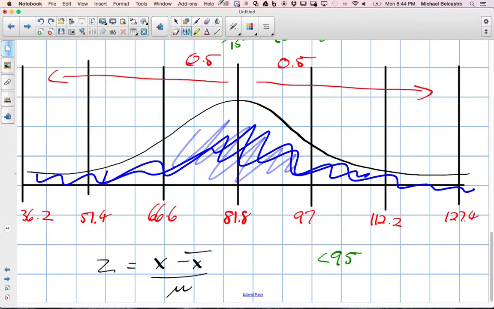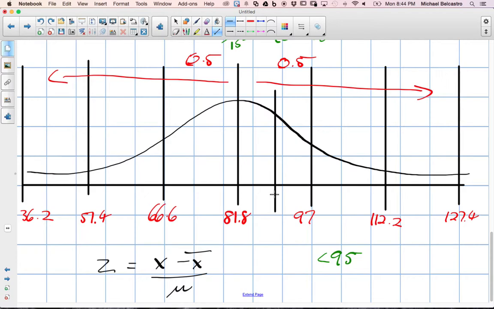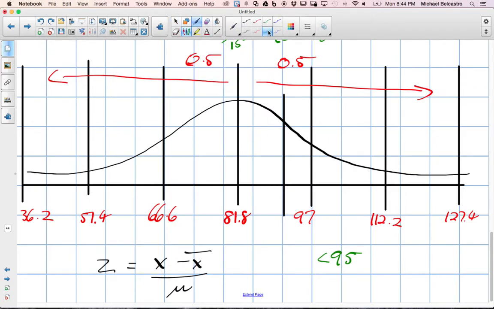So we're looking for somebody who has a 95 or less than. So, less than a 95, and that would probably fall somewhere like this. Our 95 here falls right there. So that's our data set.